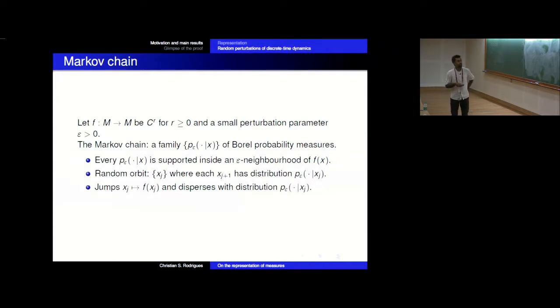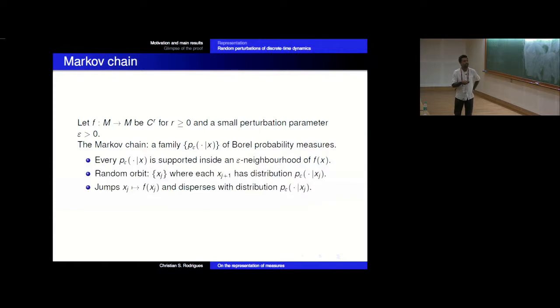Okay. So the idea is that this induces a random orbit given by the following. You are given an xj, and then for the next iteration, you have f of xj. This will give you the x j plus 1.